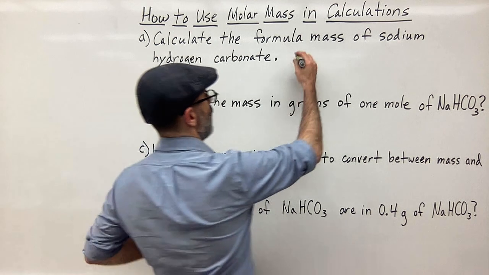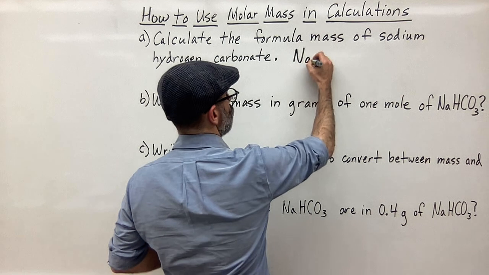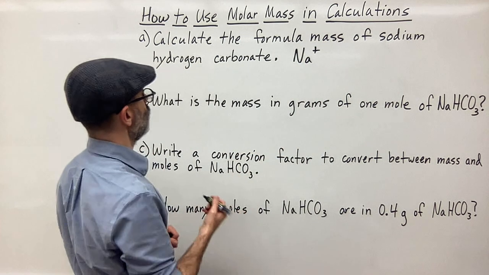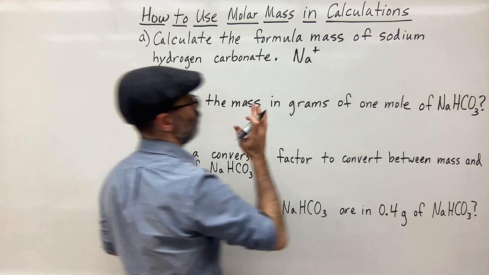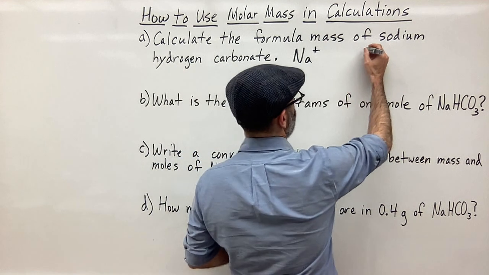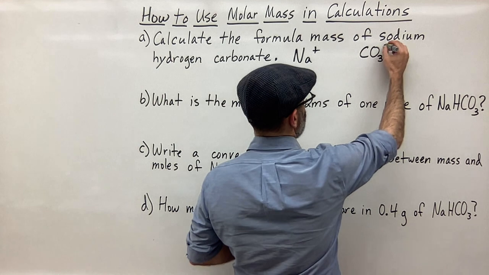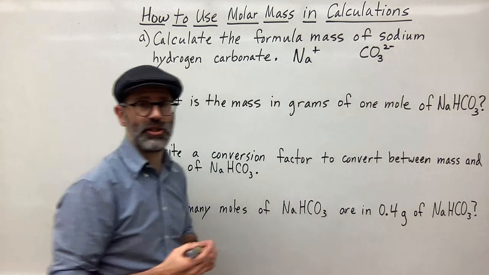So here we have sodium. You should know that Na has a positive 1 charge. And then hydrogen carbonate, you can figure that one out because if you know the carbonate ion, that's going to be CO3 with a 2 minus charge.